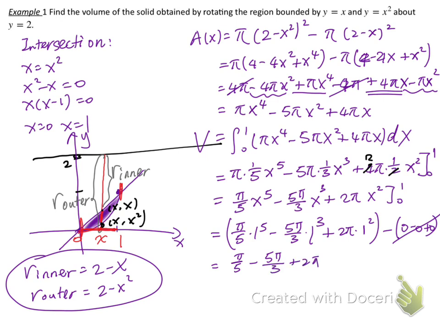And I need to build a common denominator, 15. So this gives me 15 on the denominator. This will be 3 pi, I'm multiplying 3 here, 5 here, minus 25 pi. And this will be 15 top and bottom, plus 30 pi.